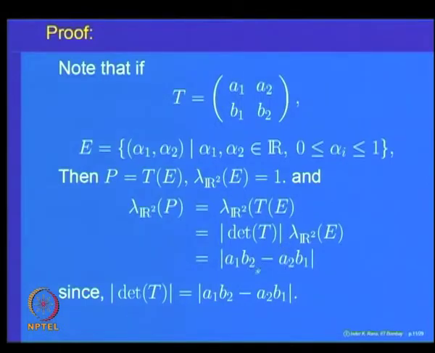So, this gives us that the Lebesgue measure of the parallelogram is the determinant given by the vectors, that is a1 b2 minus a2 b1.